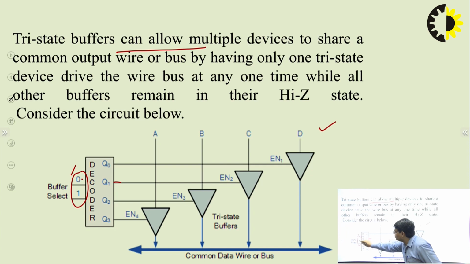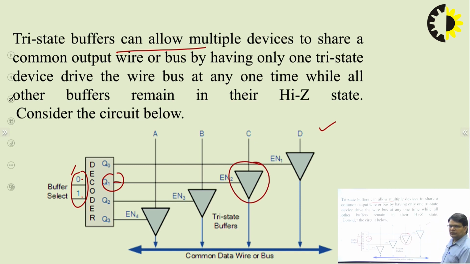So this will enable this output of the decoder, and if this output is enabled, then the corresponding tri-state buffer will be enabled. And to denote this, C will be connected to the system buses. In this case, devices A, B, C and D are requesting for the system buses simultaneously. So there is bus contention problem.